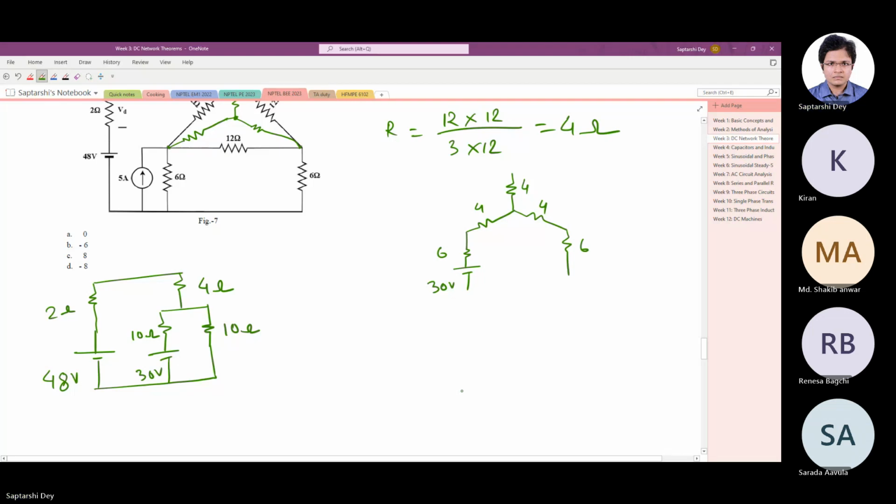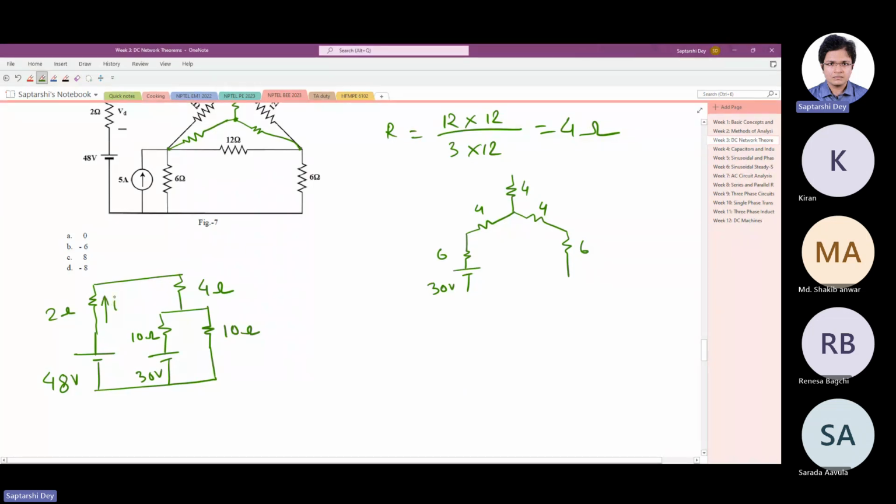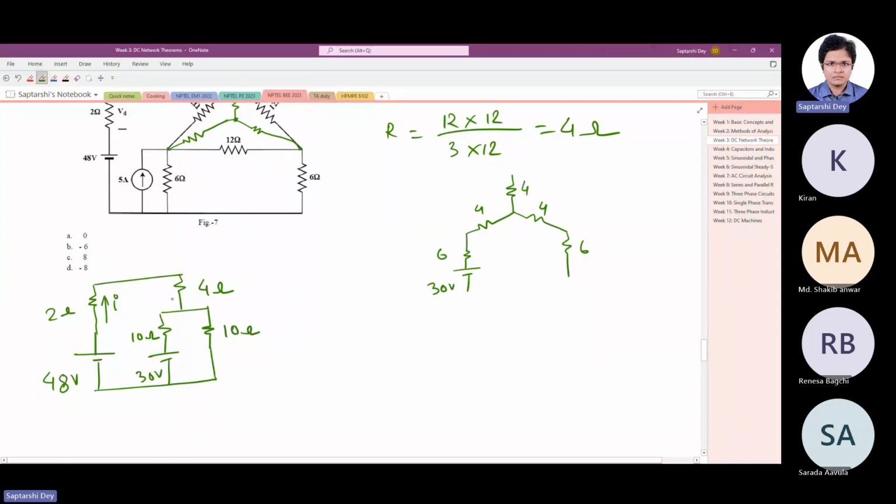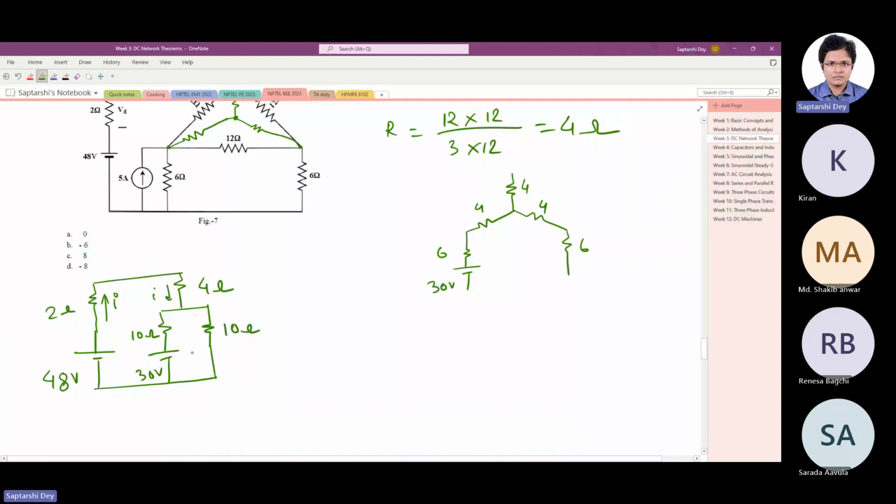Right? Now let us take a current I here. So the current I flows through this.